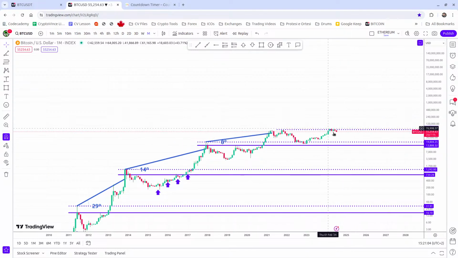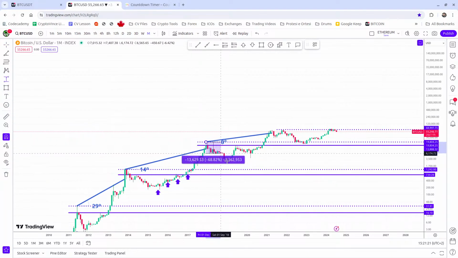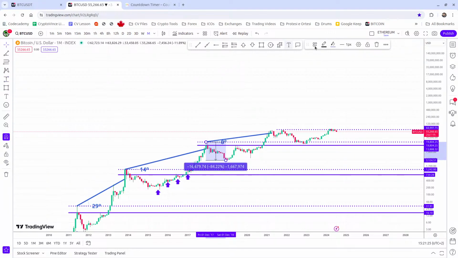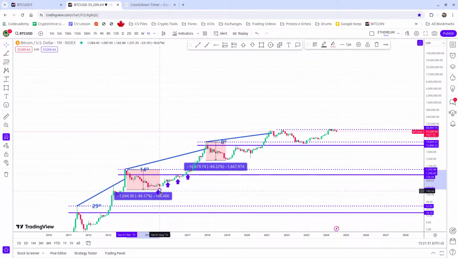It looks like it did nothing, and we dropped from 74 to 53. I mean, look at this massive correction here. Look at this bearish market. Those corrections are what? 84% drops. Here it dropped 86%.